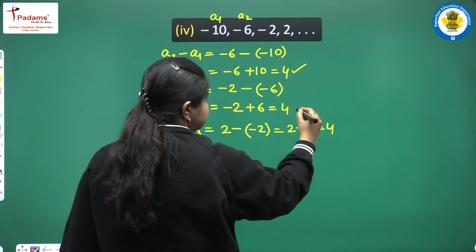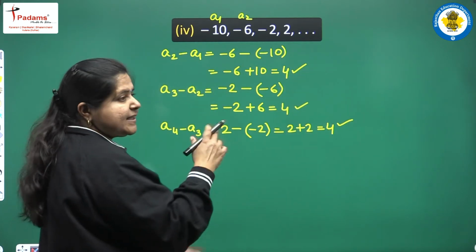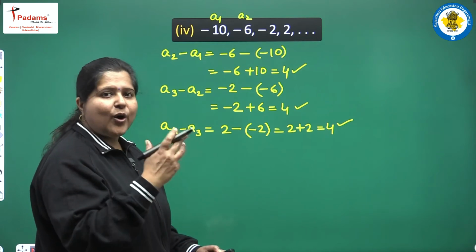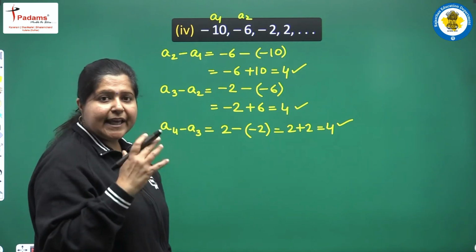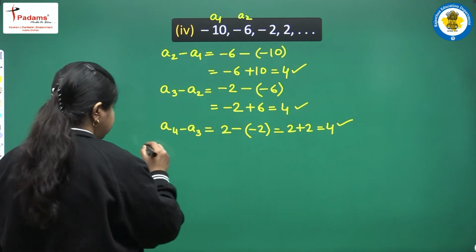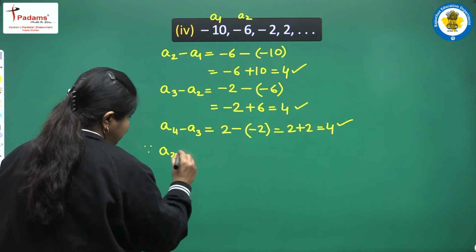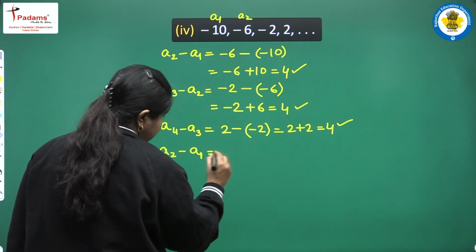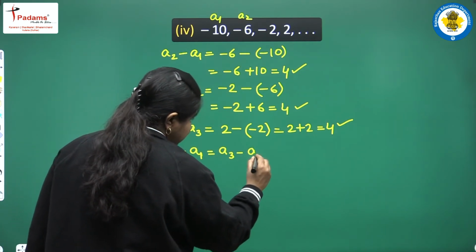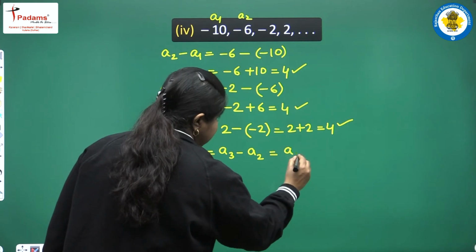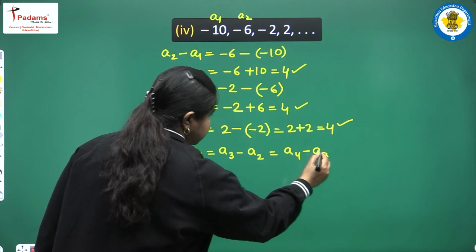तो ये तीनों ही डिफरेंस सेम आ रहे हैं. इसका मतलब सभी टर्म्स में डिफरेंस है 4 का, और इसलिए ये लिस्ट ऑफ नंबर्स एक AP फॉर्म कर रही है. वी राइट हियर सिंस A2 minus A1 is equal to A3 minus A2 equal to A4 minus A3.